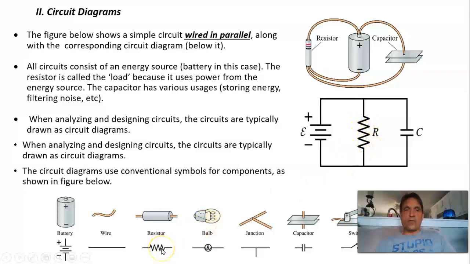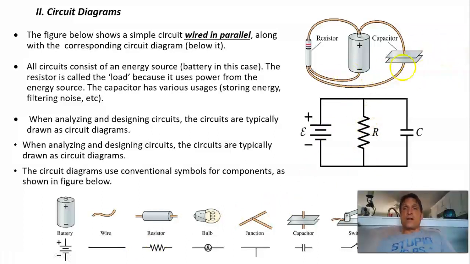There's the symbol for the resistor in a circuit diagram. The positive terminal is connected to the resistor by a wire, so there's the top connection. The bottom connection of the battery is connected to the resistor by a wire, so we draw a straight line going from the negative terminal to the other end of the resistor. Now we've drawn our battery source, and we've drawn our resistor.